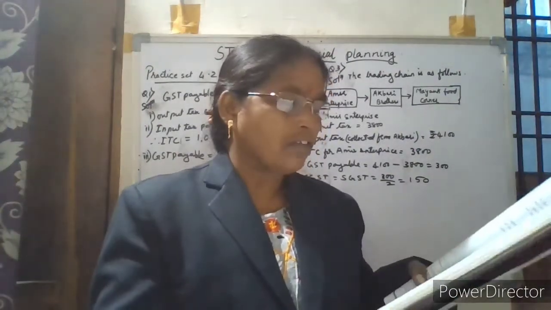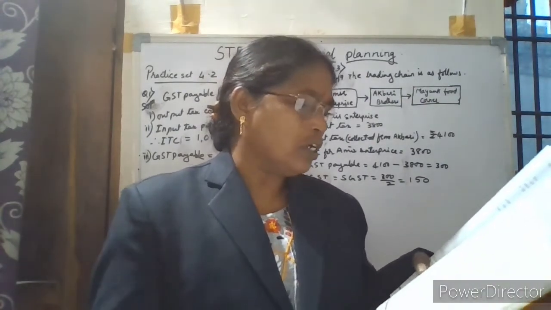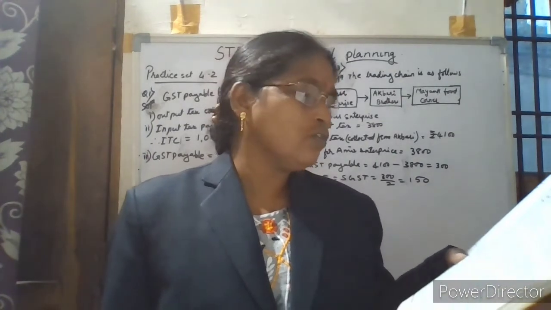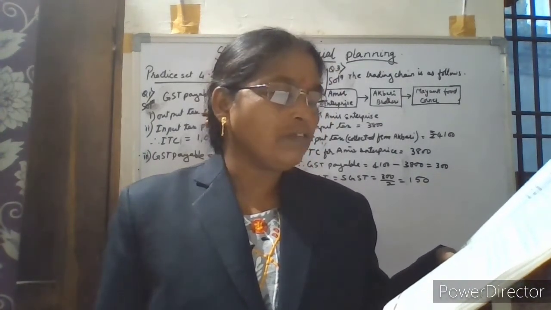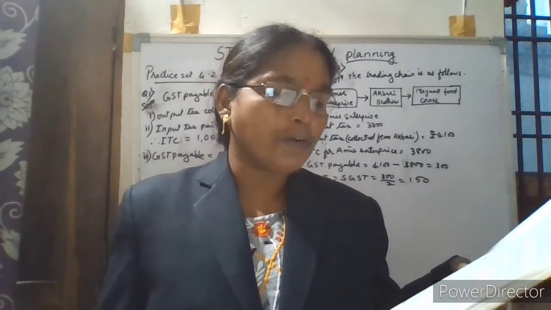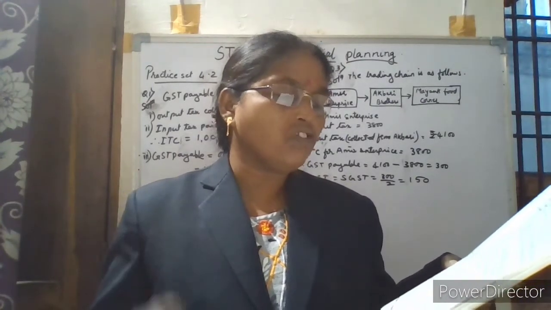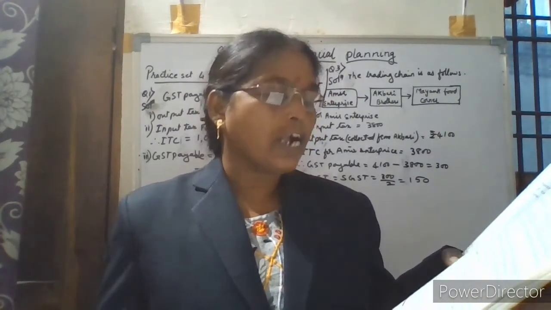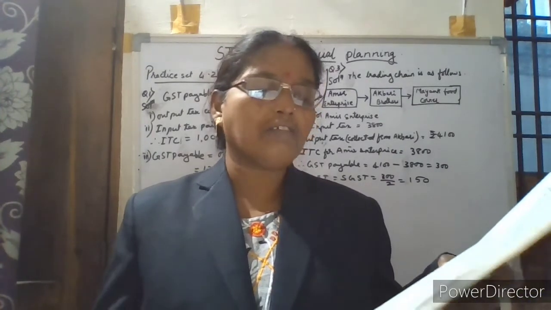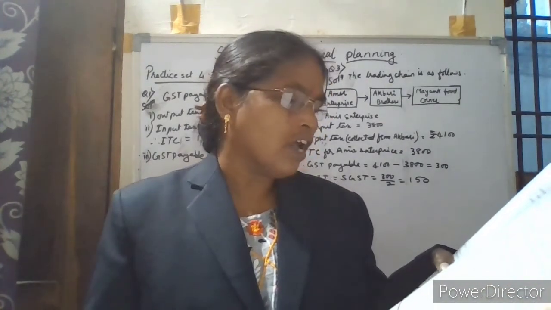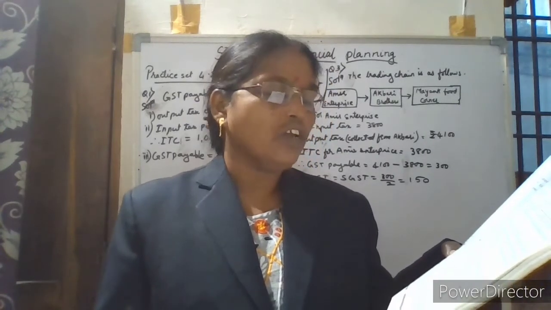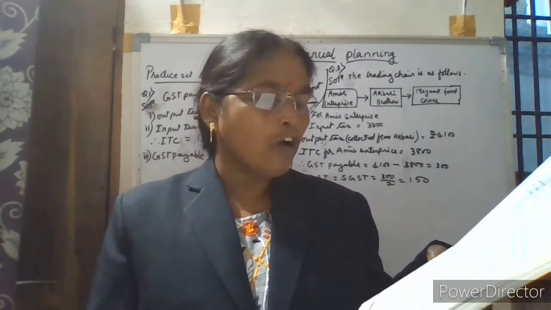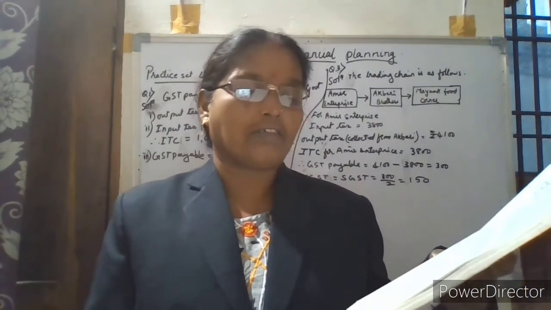What is input tax credit? That is ITC in short. GST is levied and collected at every stage of trading from manufacturer to the consumer. When the trader pays GST at the time of purchase, it is called input tax, and he collects GST at the time of sales, which is called output tax. At the time of paying GST to the government, a trader deducts the input tax from the output tax and pays the remaining tax.